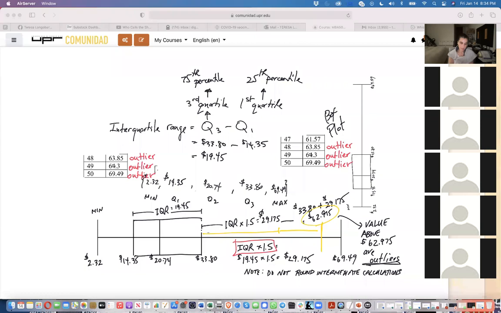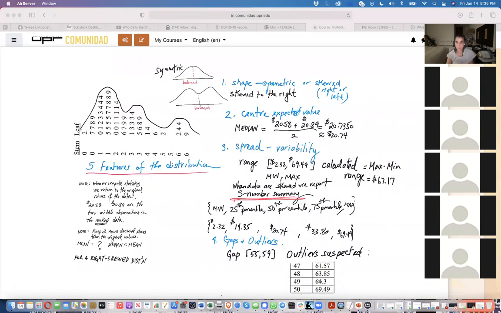So let me take these with me back to my report. And I put it here. Actually, I can just erase this one. So these are the 3 outliers here.